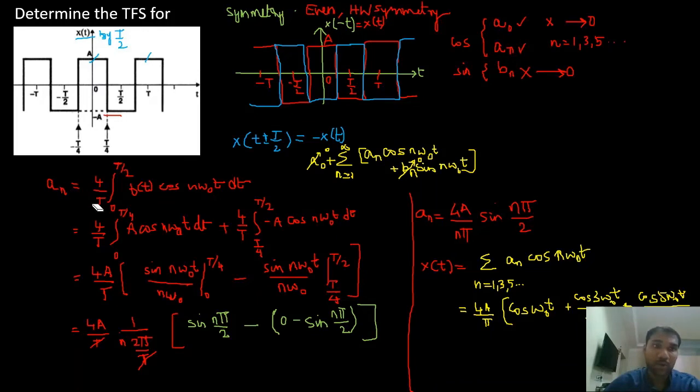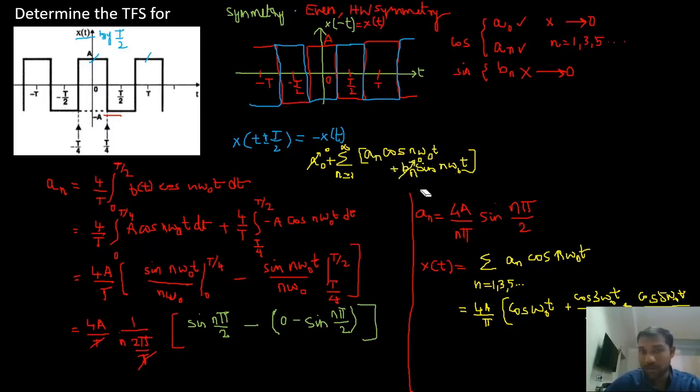So we took the formula for An, which is 4 by T, integral 0 to T by 2, f of t cos n omega naught t dt, and we substituted the values of f of t in the range 0 to T by 2, simplified and finally calculated the value of An. Then we know the trigonometric Fourier series representation of any given function as a naught plus summation 1 to infinity an cos n omega naught t plus bn sin n omega naught t.